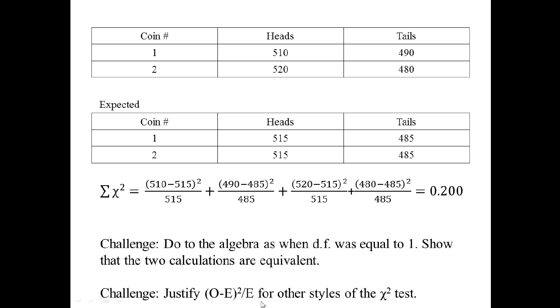But the chi-square test is pretty versatile. You can do tests of homogeneity, goodness of fit. So as a challenge, and I'll probably work on this myself, justify this calculation for the other styles of the chi-square test, and show that this approach using O minus E squared over E can be connected back to the definition that we first talked about with sampling from some sort of standard normal variable.